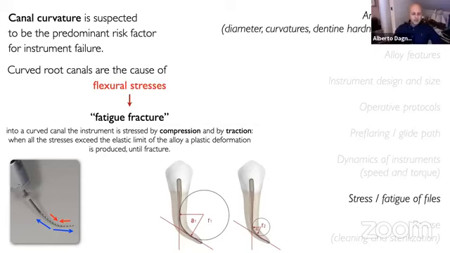When a file is rotating or reciprocating inside a root canal and meets a curvature, the file tends to maintain that curvature, and the nickel titanium alloy is stressed by compression inside the curvature and traction outside the curvature. And when the elastic limit of the alloy is exceeded, the file can separate inside of the root canal.